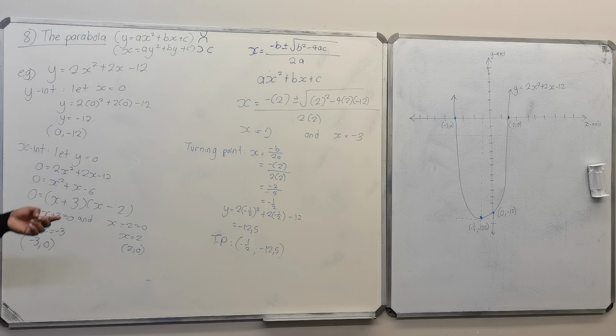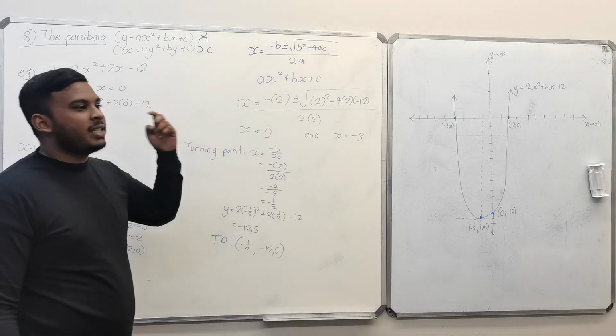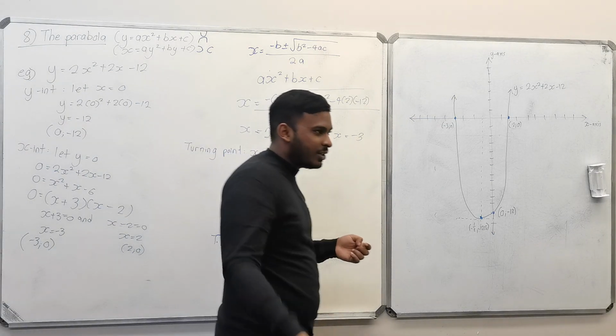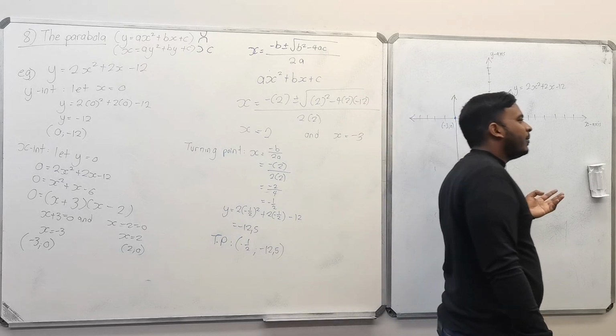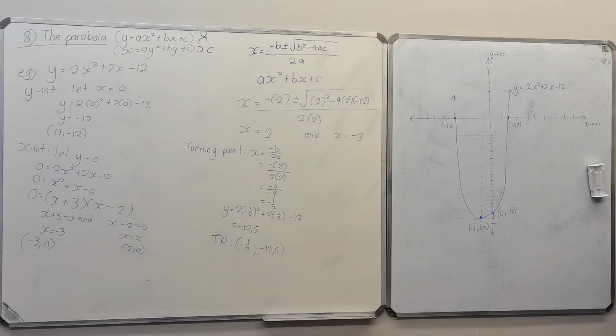For the circle, you have the same a values: ax squared plus ay squared is equal to r squared. Rectangular hyperbola, x times y is equal to c. Hyperbola, x squared minus 3y squared equals c.